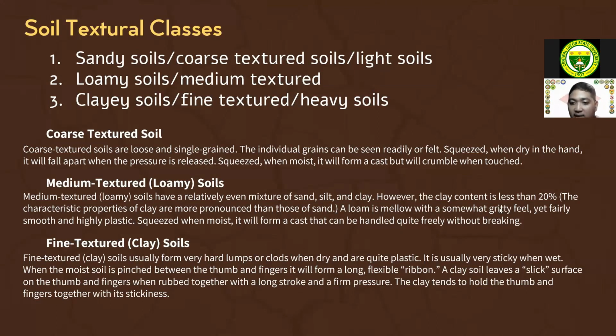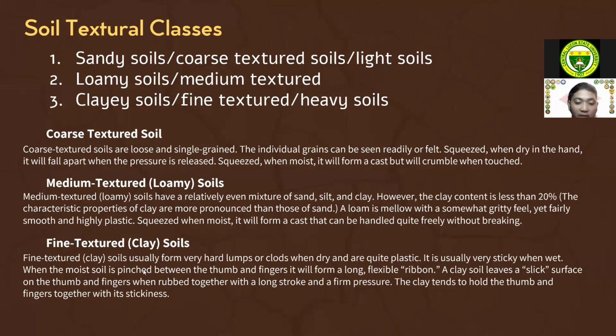So yung loamy, it has the characteristic of sand, which is gritty feel, also clay, which is fairly smooth, or silt, and highly plastic, which is the property of clay. So loamy soil is composed of sand, silt, and clay. Okay? Squeeze when moist, it will form a cast that can be handled quite freely without breaking.